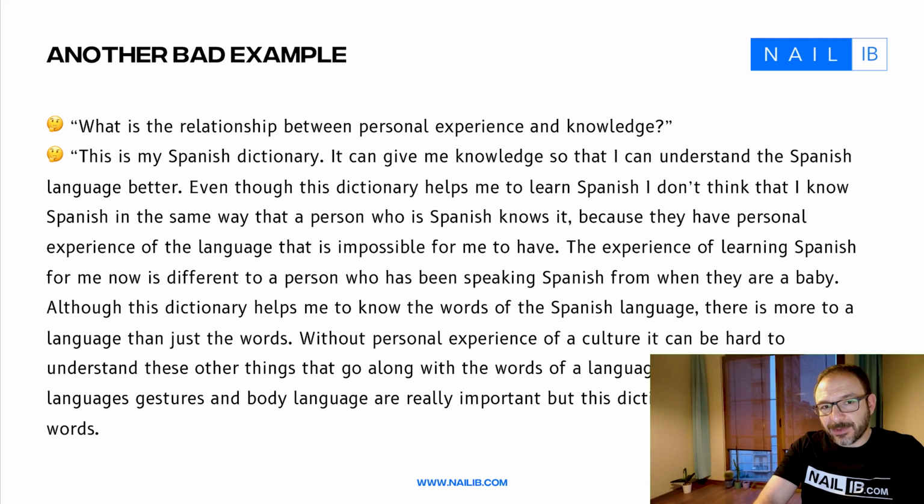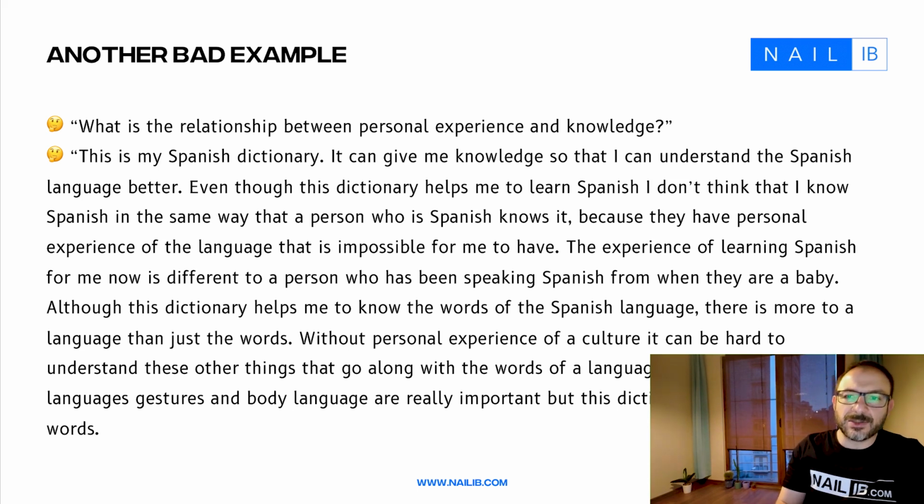Another bad example, for the prompt what is the relationship between personal experience and knowledge, the student chose a Spanish dictionary. This is my Spanish dictionary. It can give me knowledge so that I can understand the Spanish language better. Even though this dictionary helps me to learn Spanish, I don't think that I know Spanish in the same way that the person who is Spanish knows it.